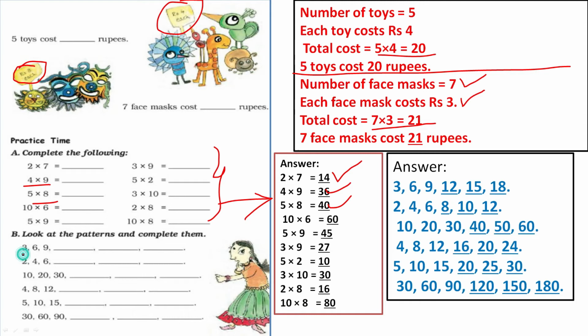Here it is 3 table, 3, 6, 9, 12, 15 and 18, etc. Like that it will go. You can find the answer here. Second one is a 2 table, then 10 table, then 4 table, then 5 table, then 30 table. Just like multiples of 30. 1 30 is 30, 2 30s are 60, like that.